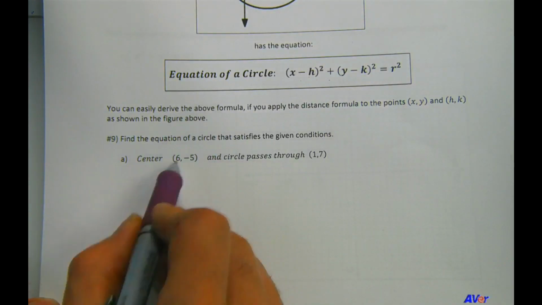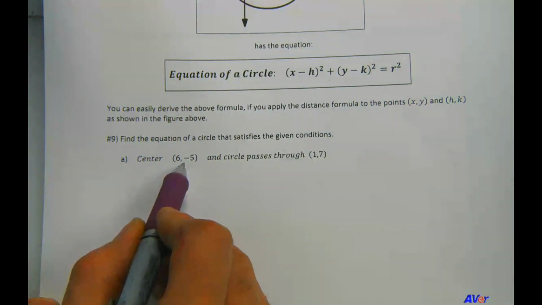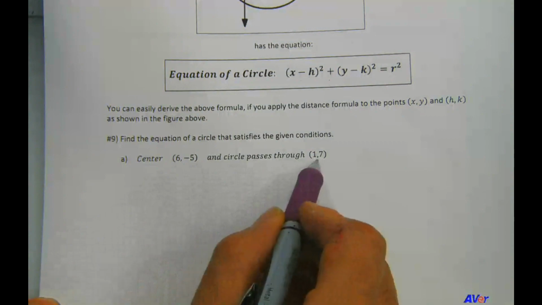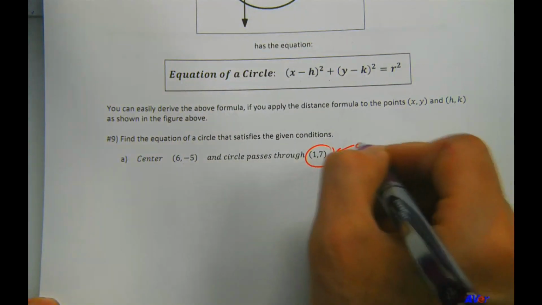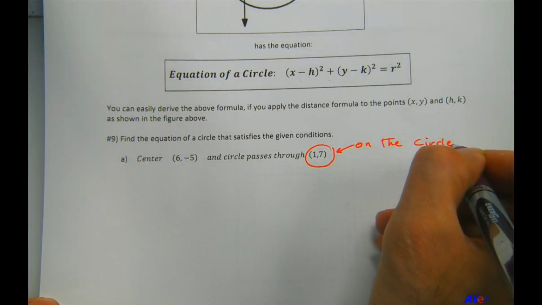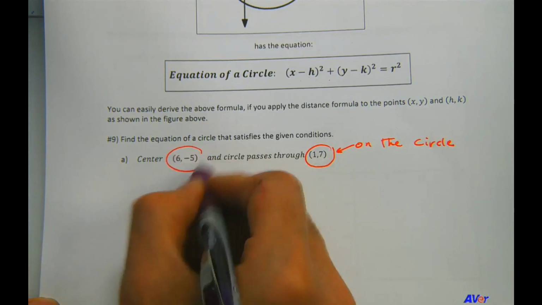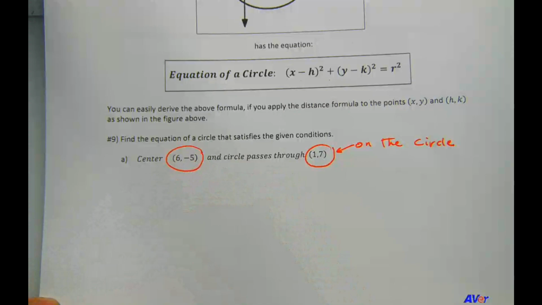It says the center of the circle must be at 6 comma negative 5, and the circle passes through this point. So this point is on the circle, and this is the center of the circle.